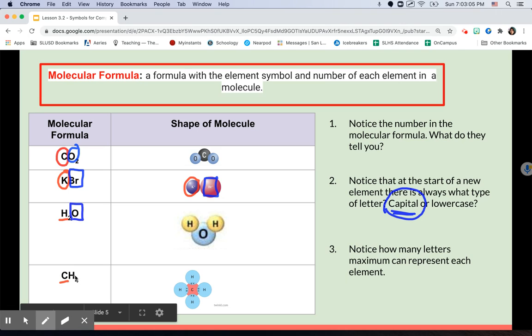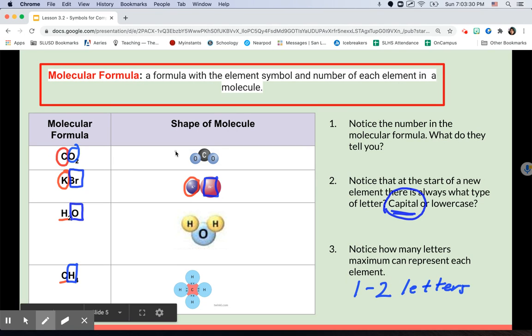Okay, so you might notice that every single time, all of these are represented by at least one capital letter, right? Br is the only one with 2 letters. So every time we're writing an element symbol, it's represented by 1 to 2 letters, right?